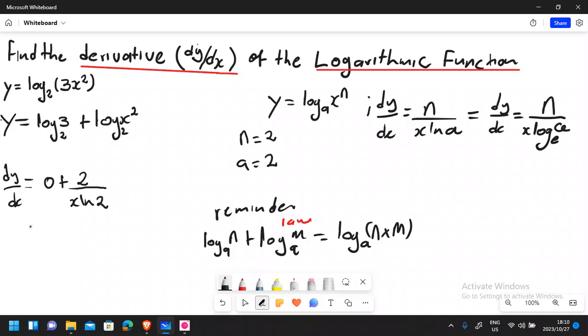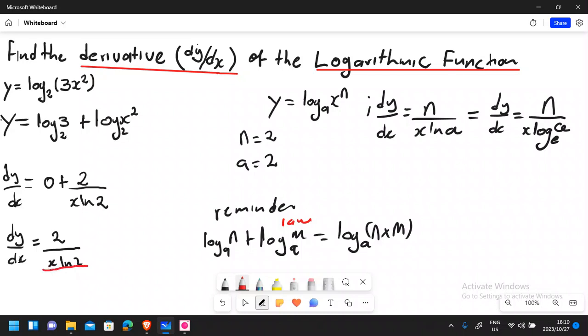Now if you continue, remember this 0, even if you don't write it, guys, it's all good. So don't write this 0. By the way, this is the answer, guys. Let me just write it here first. This is going to be your answer if you decide to write it here. That is your final answer.